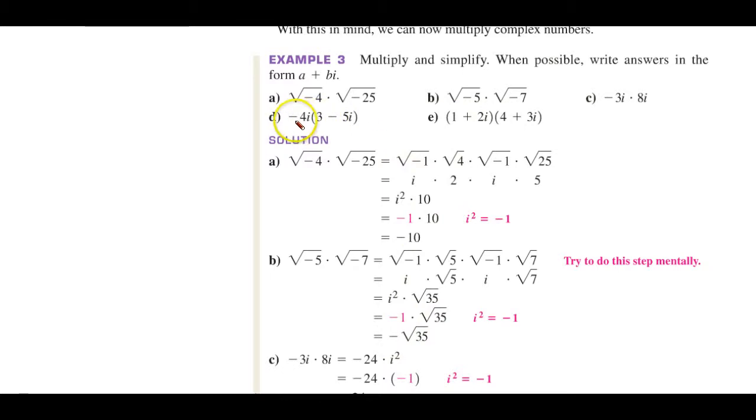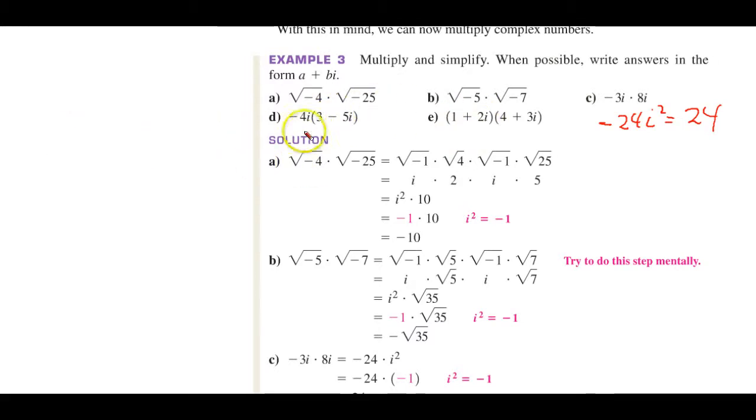All right, for letter C, this one's already in a nice form. Since the i's are there, this will be a negative 24 i squared, but i squared is a negative 1, so this becomes a positive 24, as we see down there. And letter C, we did.